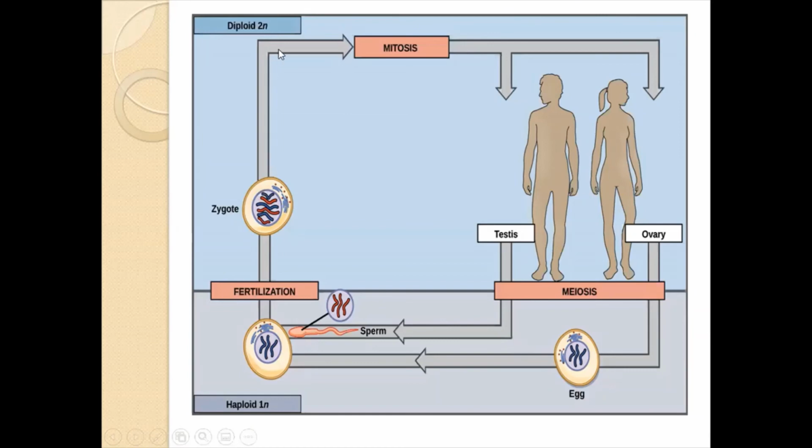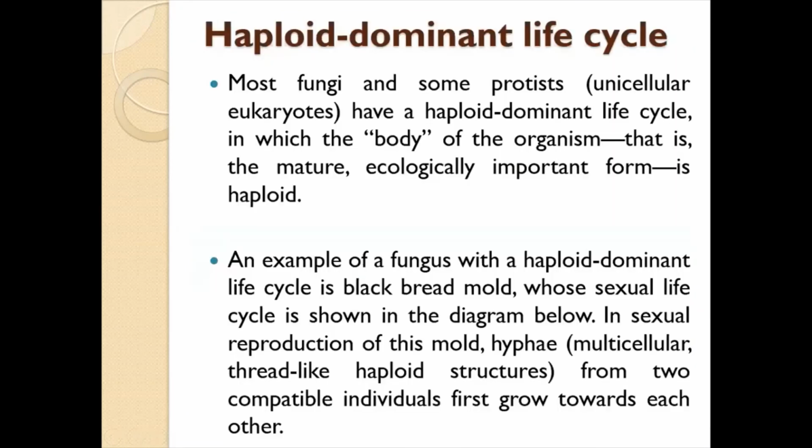Once the diploid zygote is produced, it undergoes mitosis to produce a mature individual. So this is the diploid dominant stage of the individual.